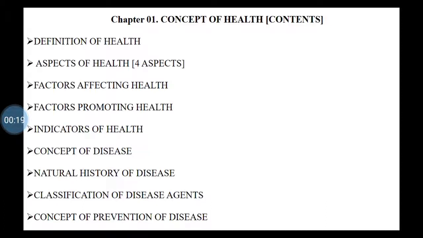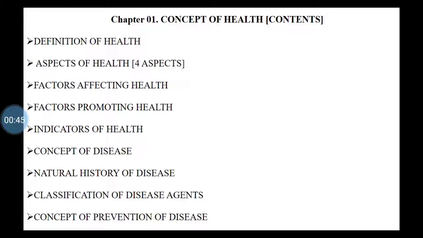So till now we have covered the definitions, the other aspects of health, factors affecting health, factors promoting health, indicators of health, concept of disease, in that natural history of disease, and classification of disease agents.